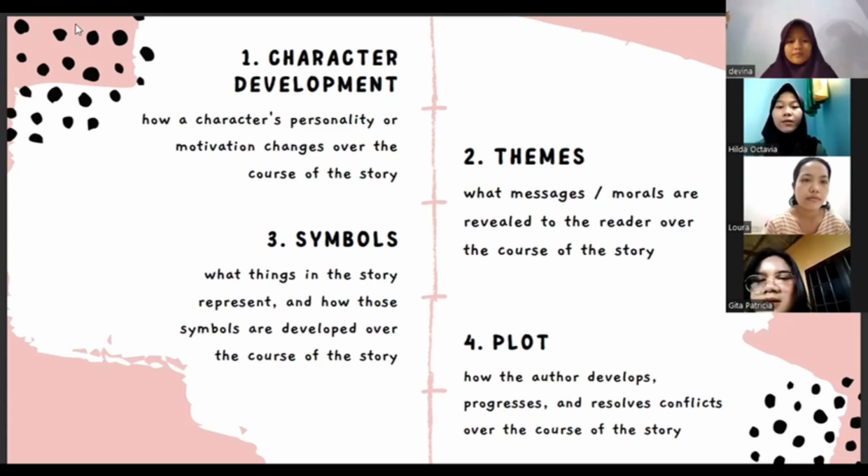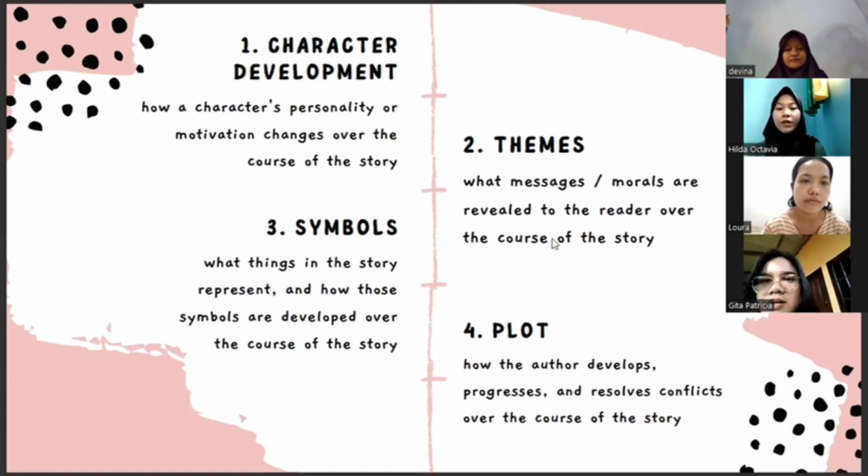The third, symbols: what things in the story represent and how those symbols are developed over the course of the story. And the last, plot: how the author develops, progresses, and resolves conflict over the course of the story.